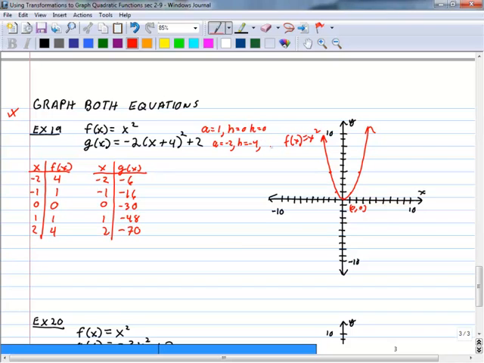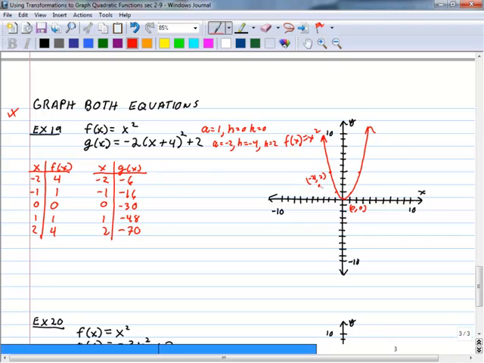So the vertex is actually 4 units over and 2 units up. So the vertex is right here, and I'm going to label that at -4, 2. And we know that this graph is going to point downwards because the a is negative.